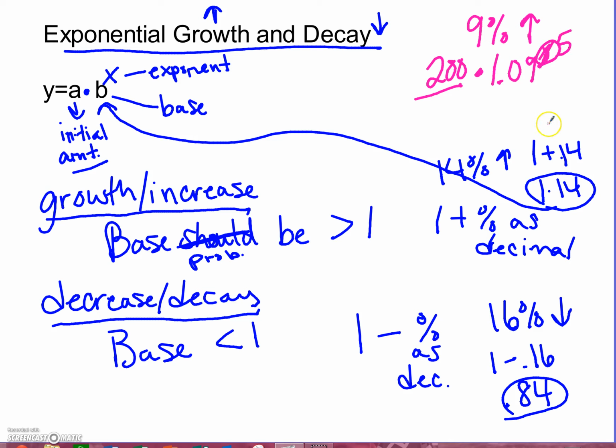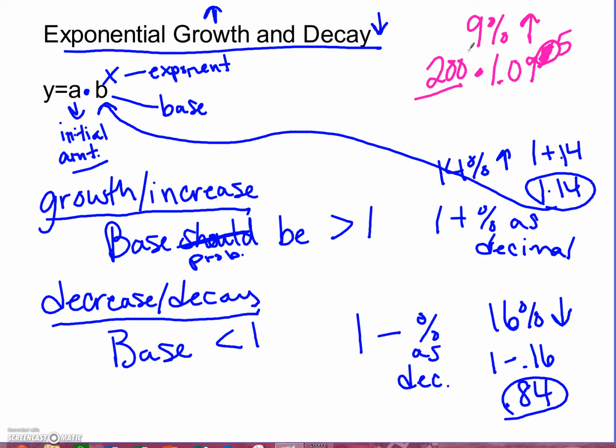Okay, then all you have to do is plug this in: 1.09 to the 5th and then multiply it by 200, which, I don't have a calculator. 1.09 to the 5th should give you 1.538, big long line of numbers, times 200.